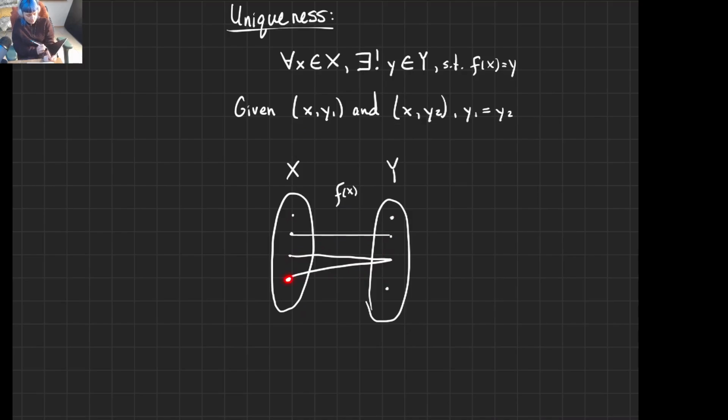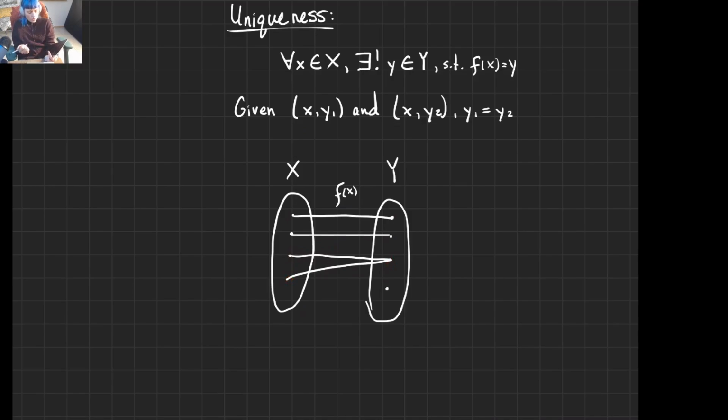For uniqueness, you can have two different x values going to the same y value. That's fine. So if we take a look at this function, this is a unique function because it satisfies the requirements that every x value in the domain goes to one unique y value in the range, which is unique to this x value.